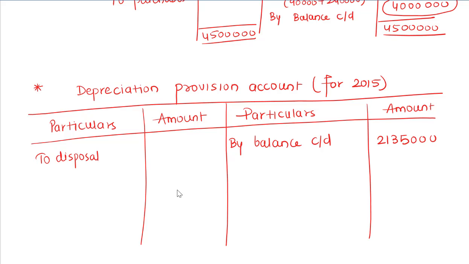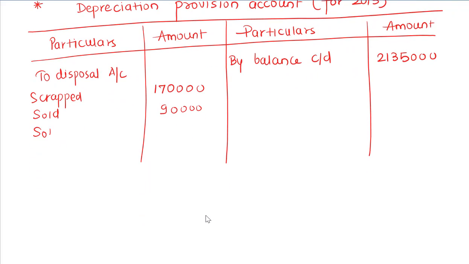To disposal account, scrapped 1 lakh 70,000, sold 90,000, sold for 2006 asset 2 lakh 40,000 minus 10% depreciation 24,000, so it is 2 lakh 16,000.